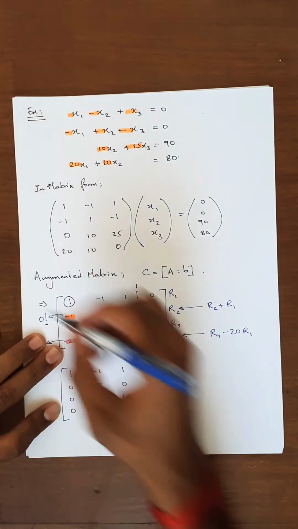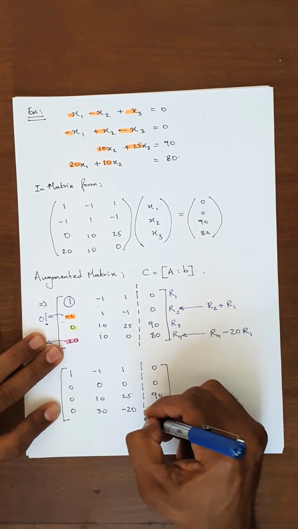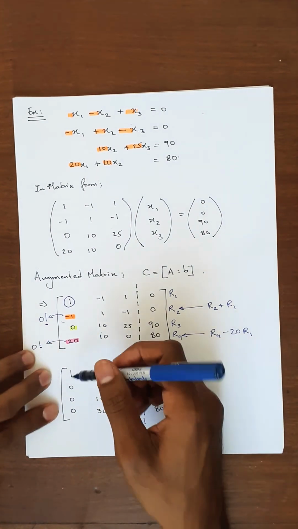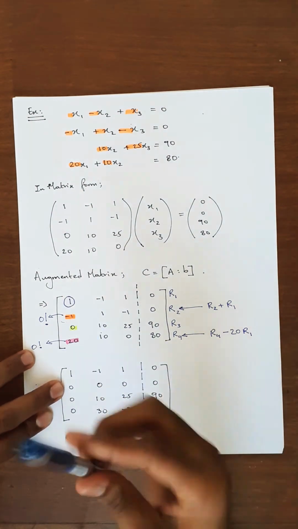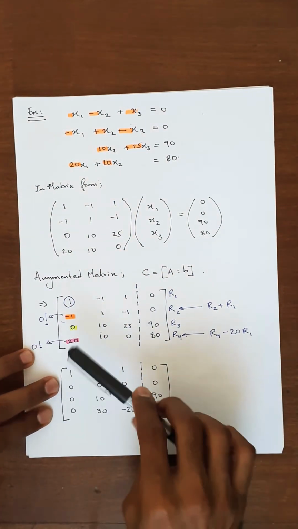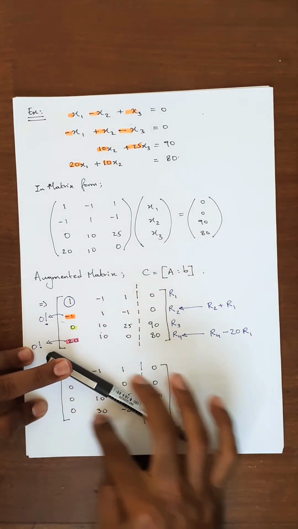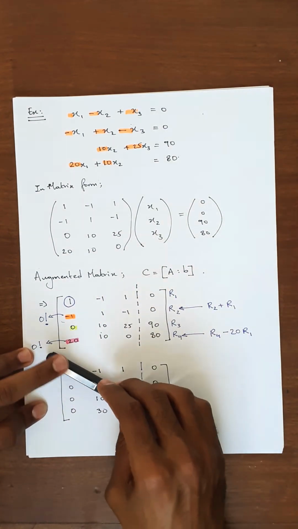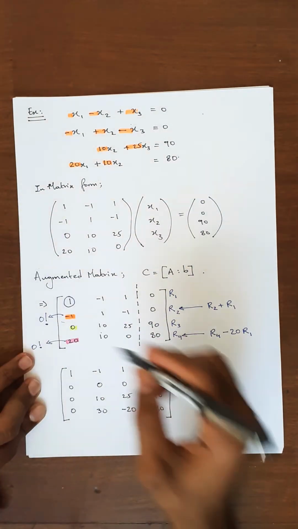So I'm just going to write this with my blue pen. Again, this is the first step for row echelon form: below this diagonal, the values need to be 0. So this is my diagonal, and these values here should be 0. This is the aim. You have an upper triangular matrix with entries of 0 here.